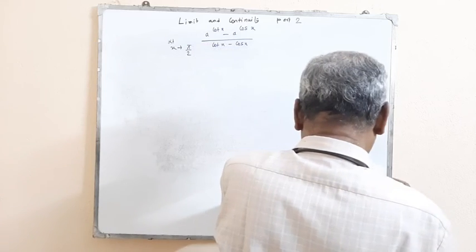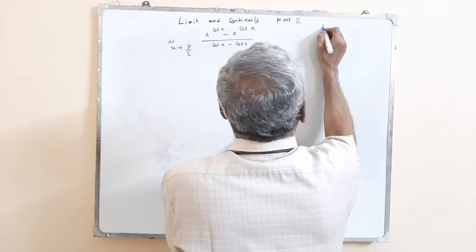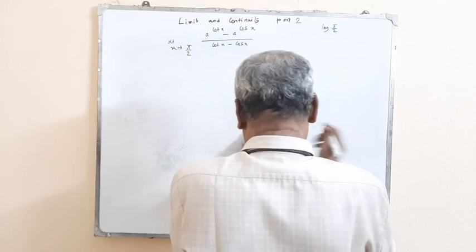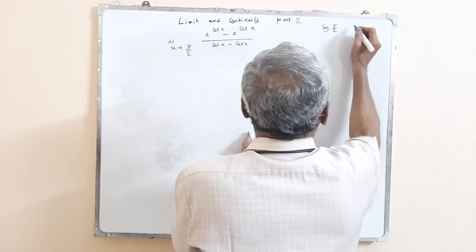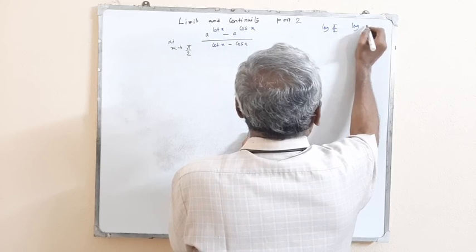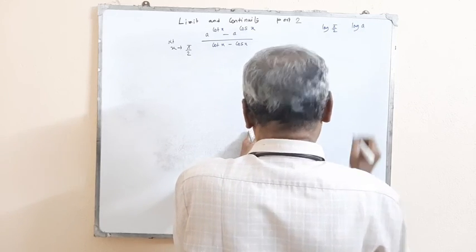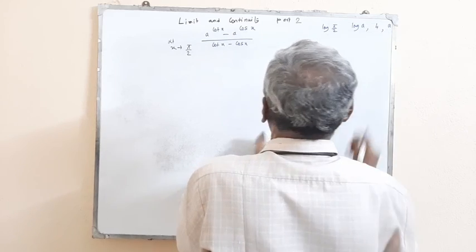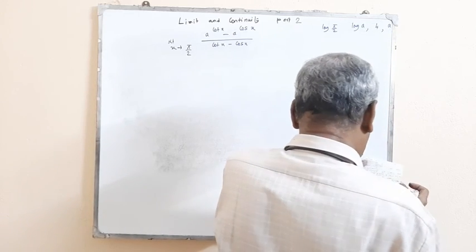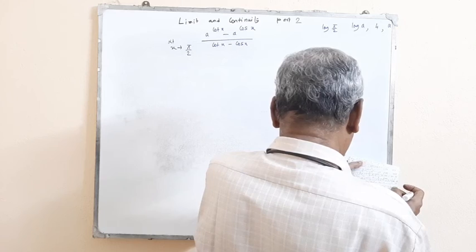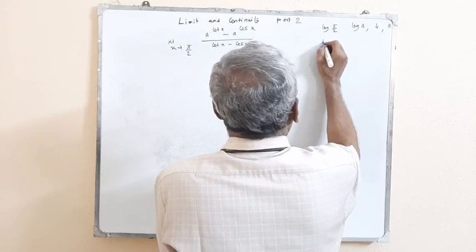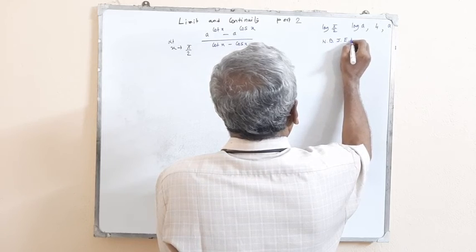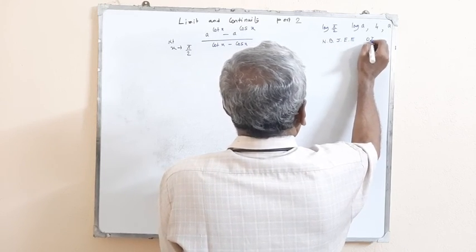Options: log of pi by 2 base e, log of a base e, 4 and a. And the problem was given in West Bengal Joint Entrance in 2007.